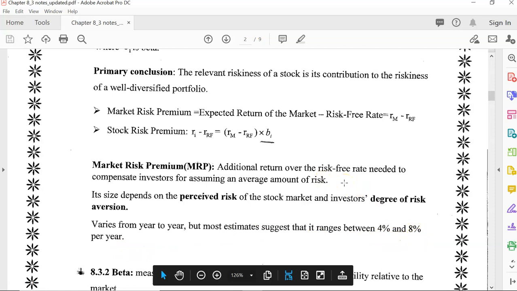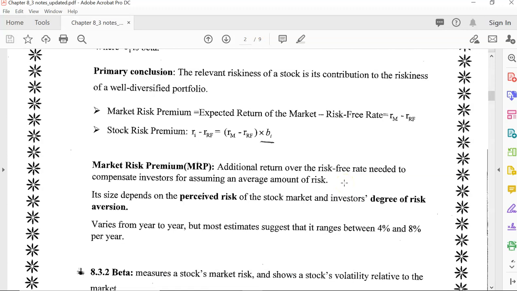So you can treat the market portfolio as a financial asset as well. We talked about bond risk premium being the excess return of the bond over the risk-free asset. Bond risk premium is bond return minus risk-free rate. So stock risk premium is stock return minus risk-free rate. Market risk premium is market return minus risk-free rate.